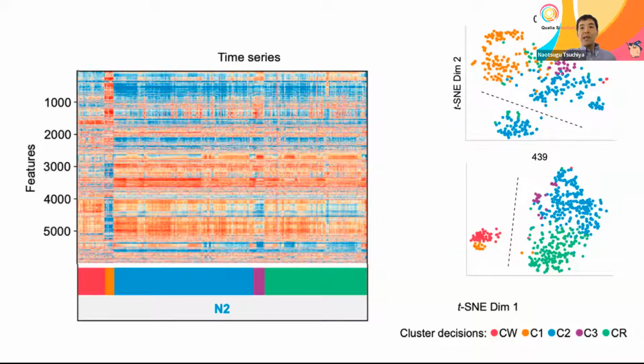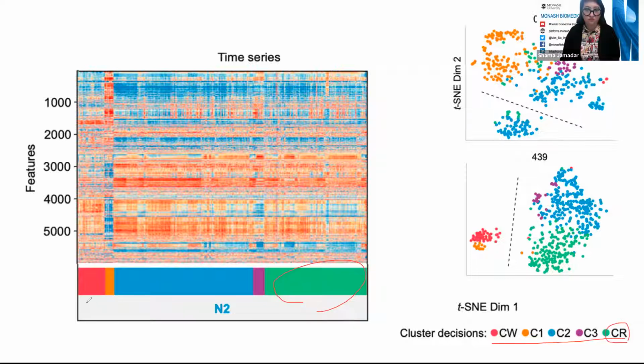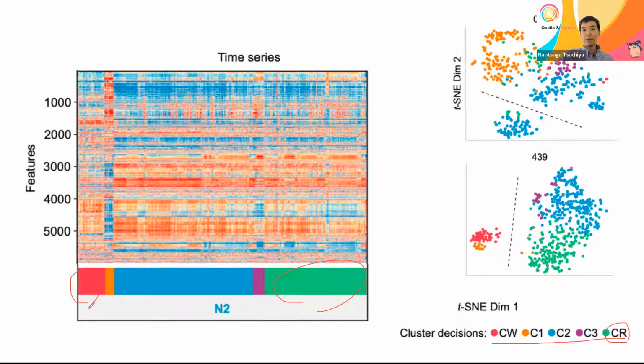Within N2, if we ask the classifier to make 5 clusters, this part is close to REM sleep, and this one is close to wakefulness, and so on. So depending on how you define it or what the purpose is, it's not super clean in the sense that it corresponds with human labels.